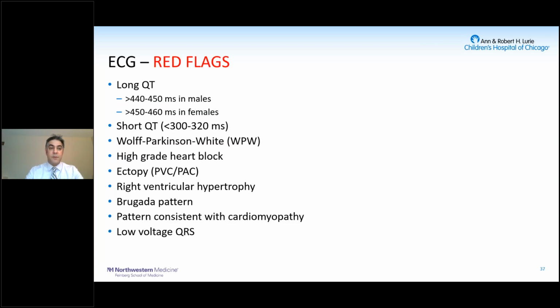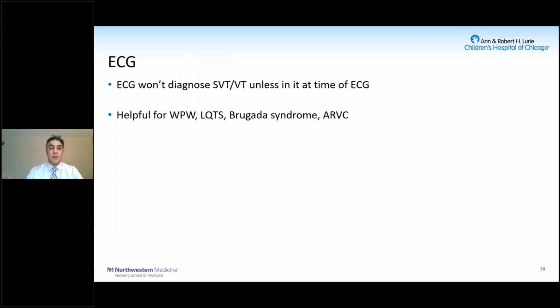So the red flags, of course, are long QT, in males typically more than 450, in females greater than 460. Short QT is rare, but an entity out there. Wolff-Parkinson-White, high-grade heart block, ectopy, true signs of RVH, Brugada pattern, cardiomyopathy pattern, and low voltage QRS, such as in myocarditis.